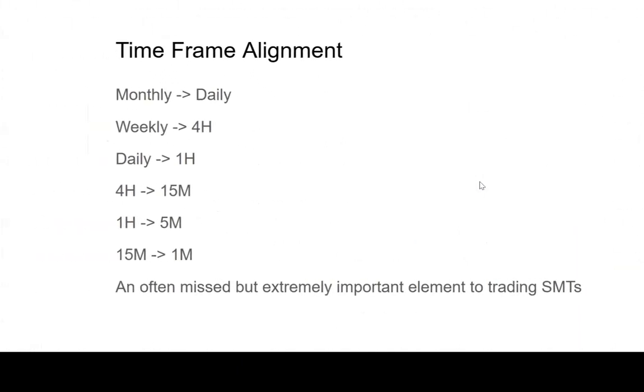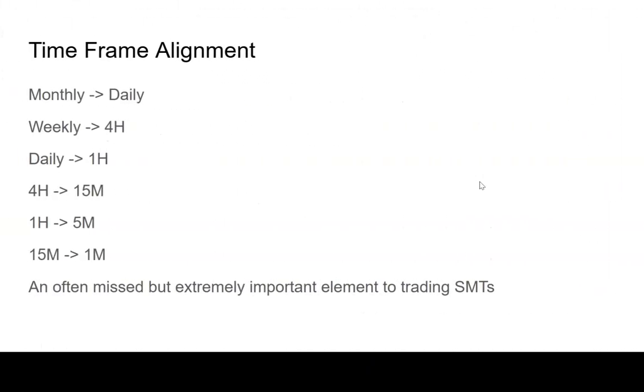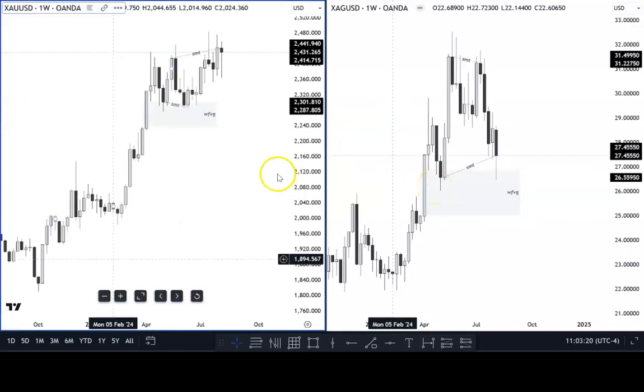What I will also do is show you the time frame alignment. For example, as we were on the weekly chart just now, let me go back a little. This gold SMT: price came to the fair value gap, created the SMT inside of the gap, and now you're looking to take that trade.